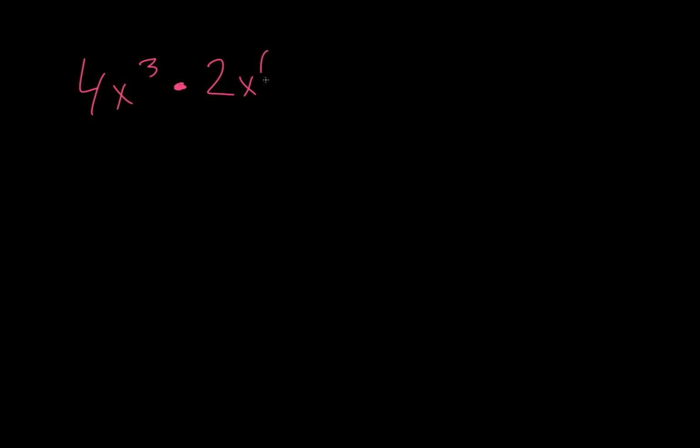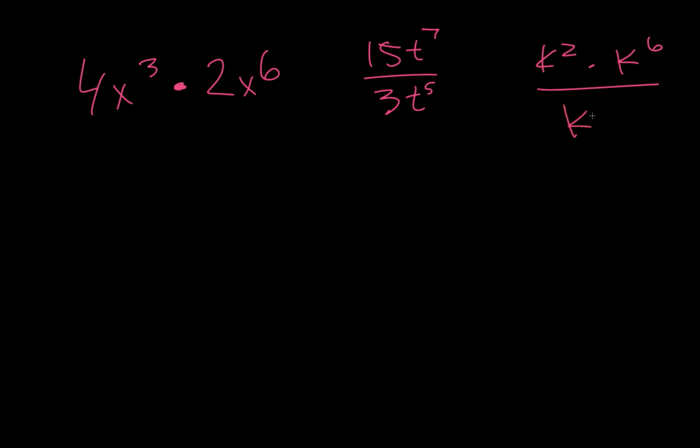Alright, I'm having a hard time. There we go. And then the next one is 15t to the 7 over 3t to the 5th. Then we have k squared times k to the 6, and then k cubed, and then squared.